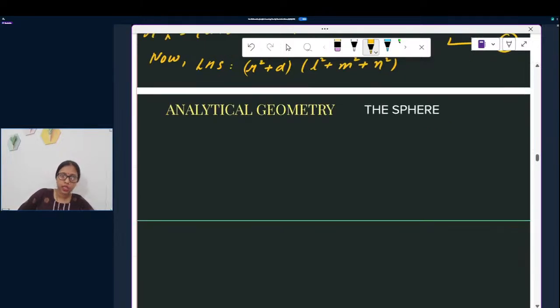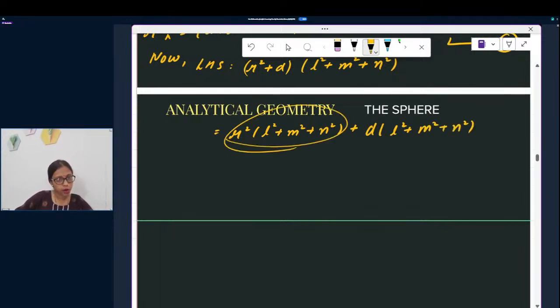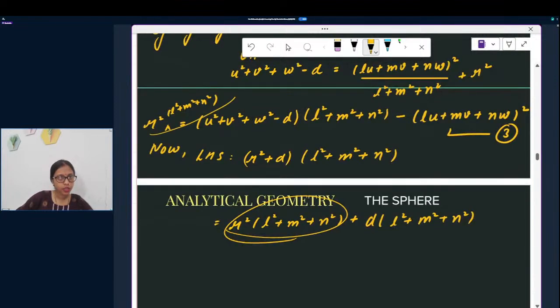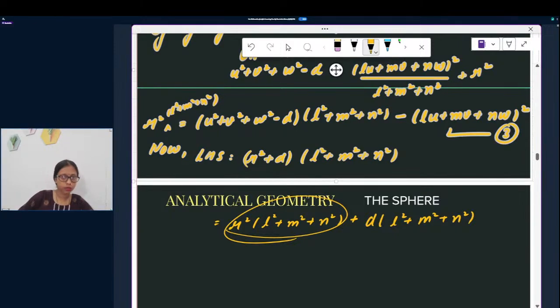So it is R square times L square plus M square plus N square plus D times L square plus M square plus N square. Do you have the value of this part? You already have it here. R square times L square plus M square plus N square is this. Substitute.